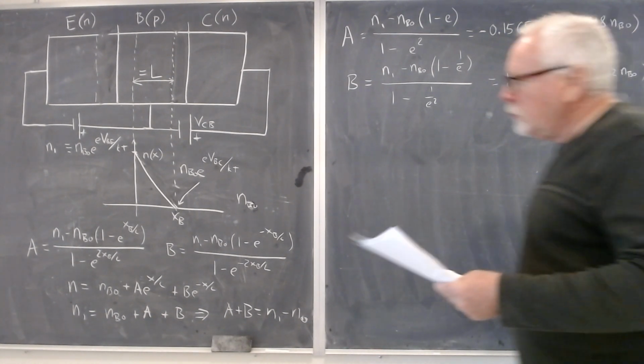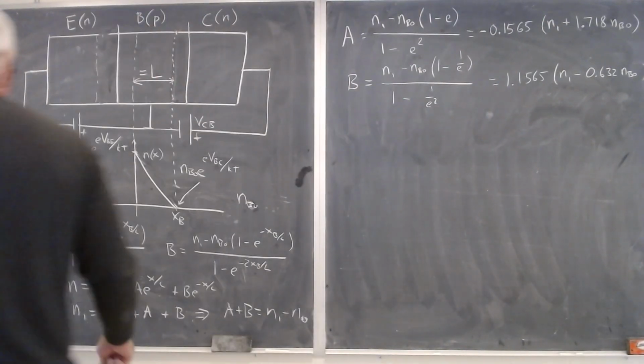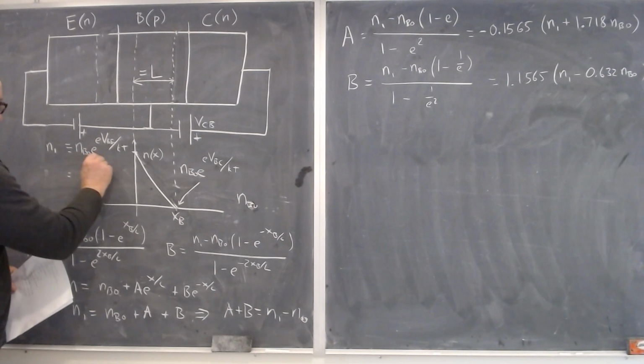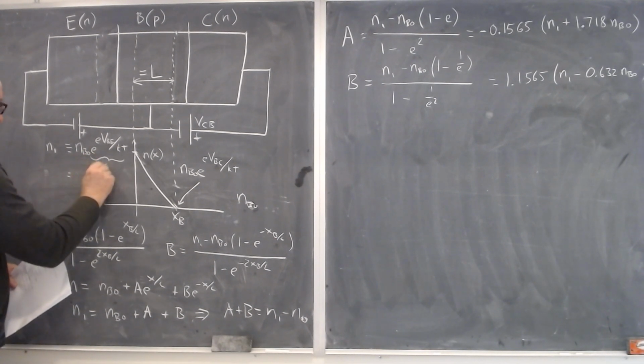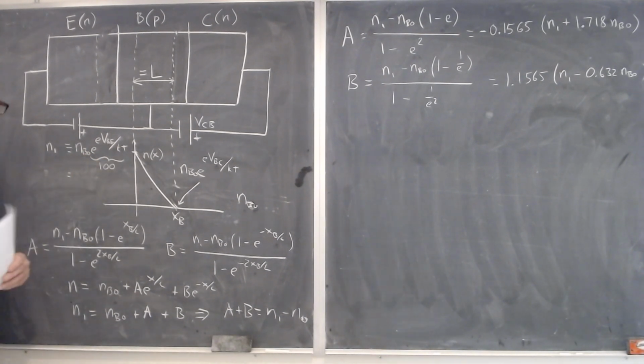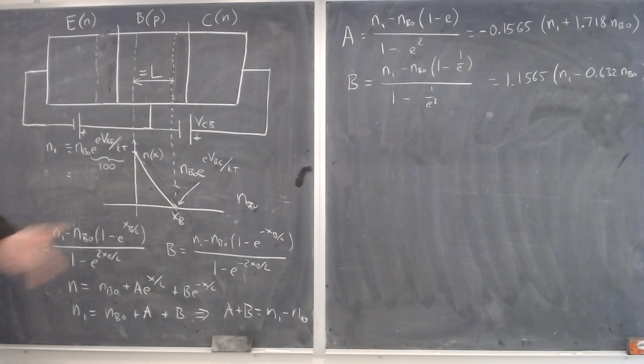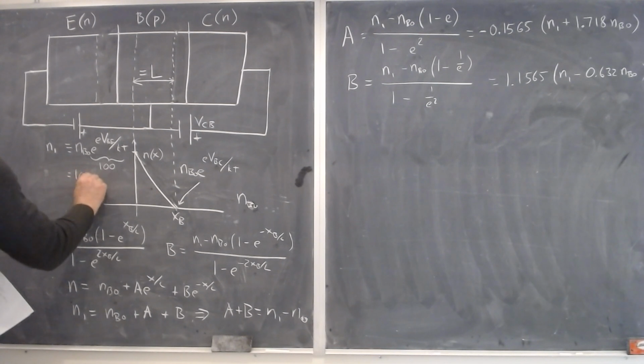And what I told you to do was to use a value. Make that 100. I haven't worked it out, but VBE doesn't have to be very much then. I chose 100 because I wanted you to see things on a linear scale. So make N1 equal to 100 NB0.